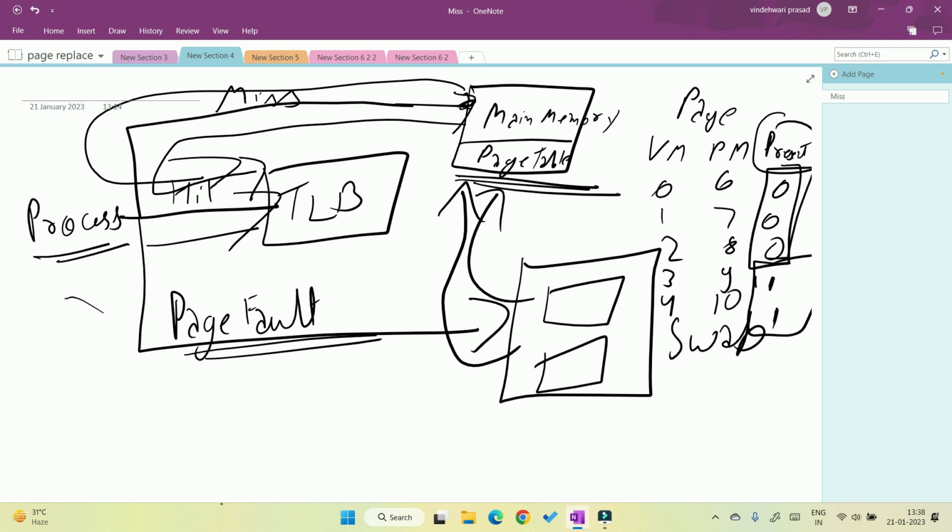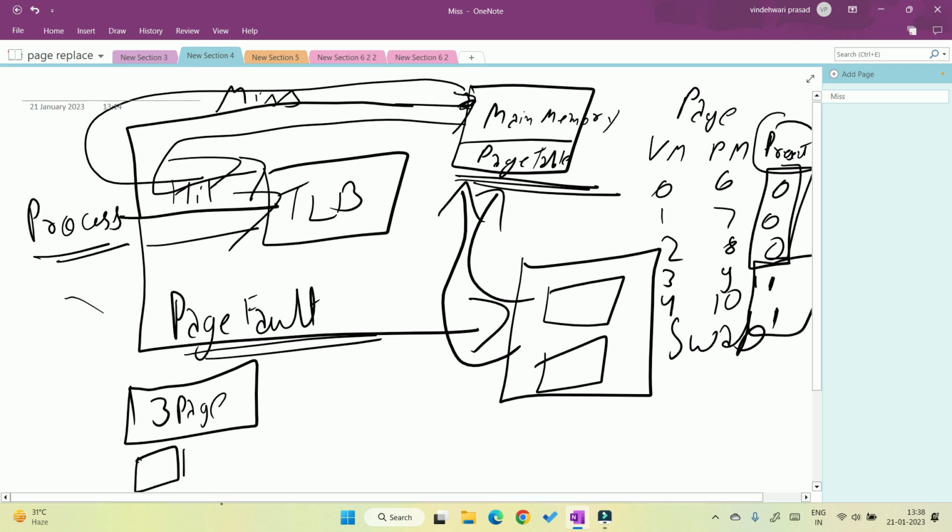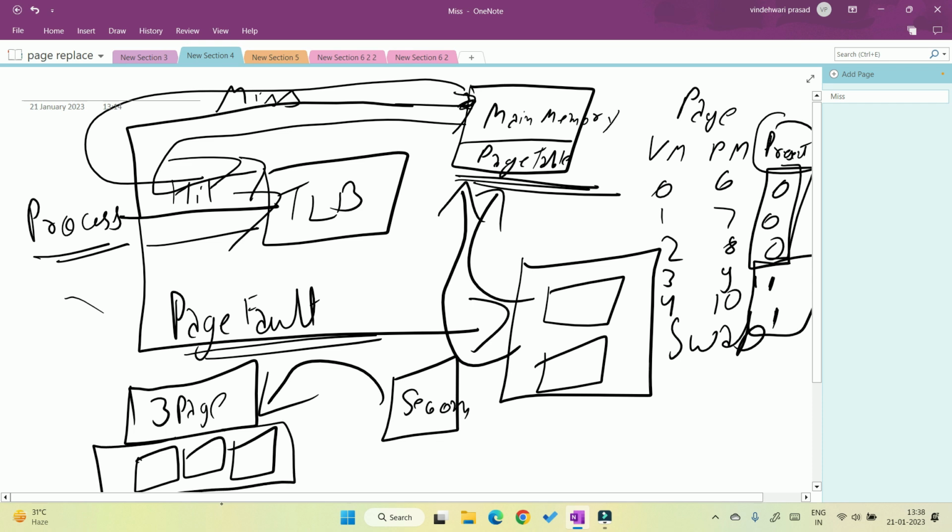Suppose the main memory has only available space of 3 page frames. Now, if all these are full and you need another page which is in the secondary memory, how will you move it here? Because it is already full. So how does this happen? When this is moved, there will be a thing called page replacement.